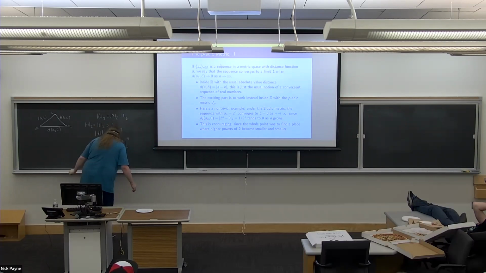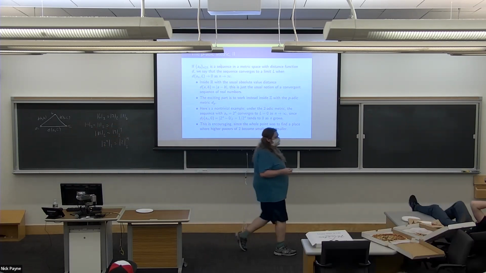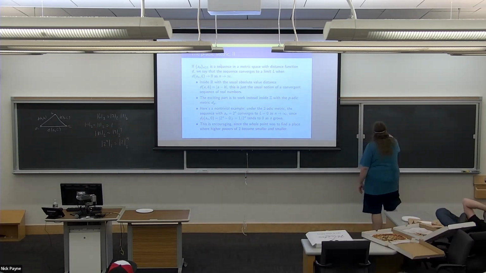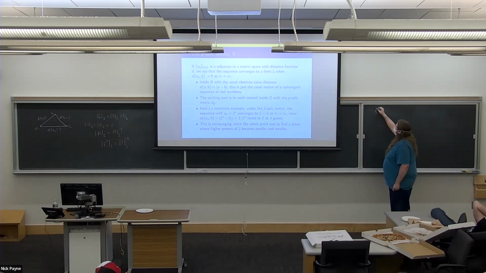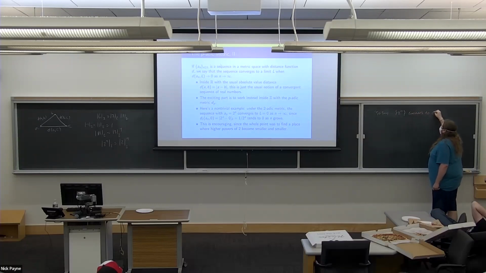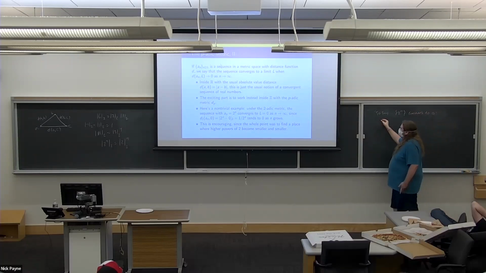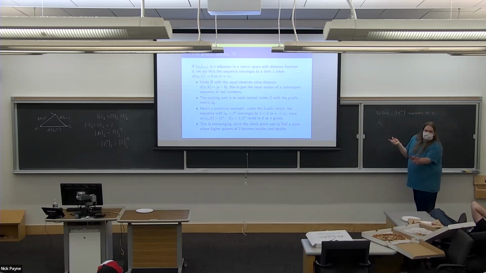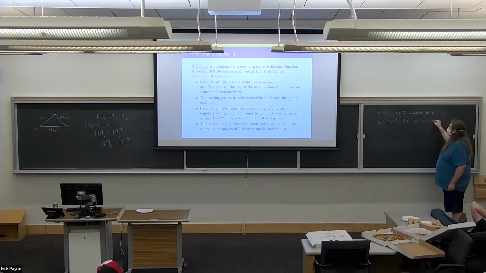I have it written down on the slide here, but I'll write it on the board so you can watch me do the steps. What does it mean to say the sequence 2 to the n converges to 0? That means if I take the distance under my 2-adic distance function between 2 to the n and 0, this goes to 0 as n grows.